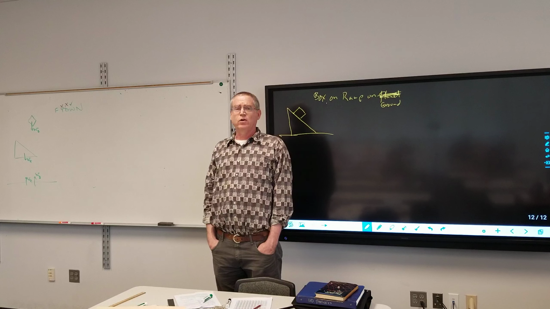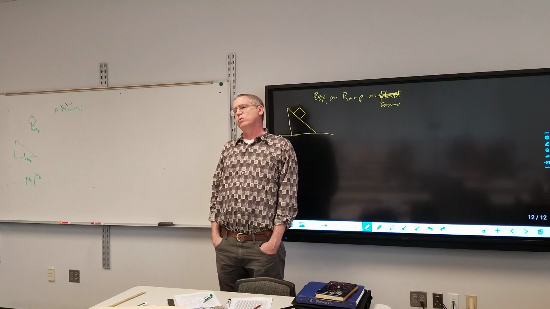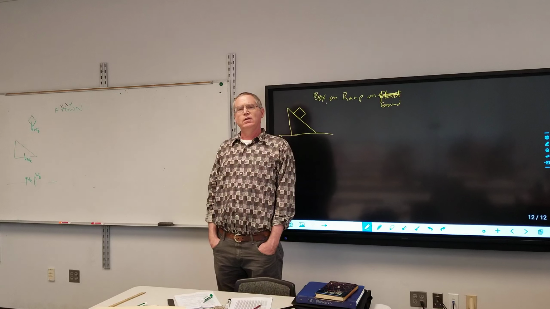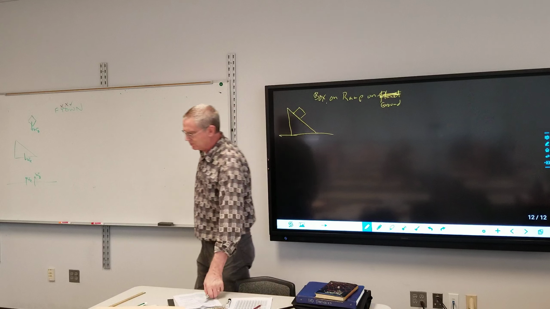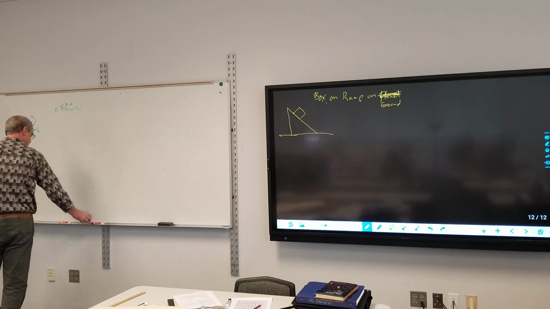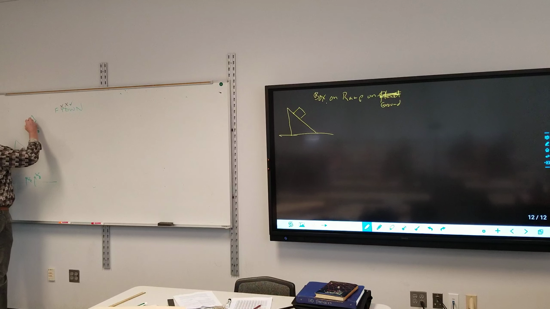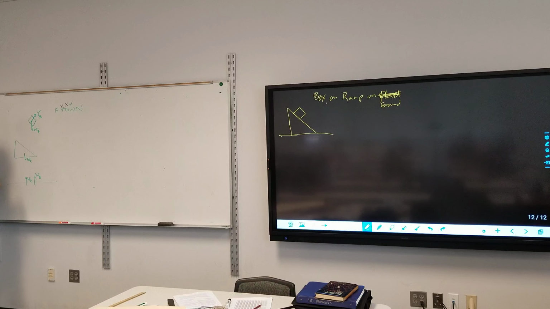Normal force, acting on what object and in which direction? Acting on the box from the ramp at an angle. And where's the other part of that pair? Ramp. It's going angled on the ramp. Any other normal forces?